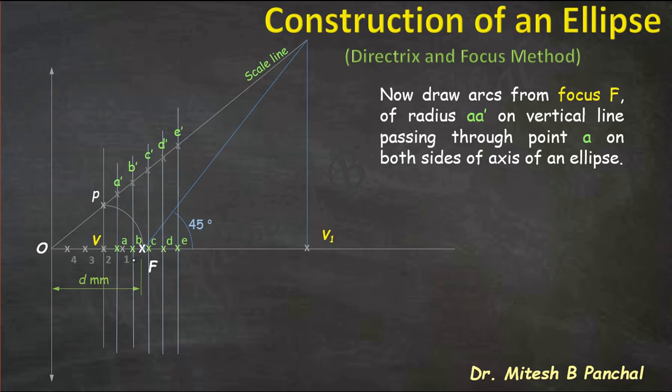First we will consider the radius A dash passing through point A on both sides of the axis of the ellipse. So here we have to consider F as a center, A dash as a radius, and draw an arc on the line passing through A, that is, on this vertical line on both sides.